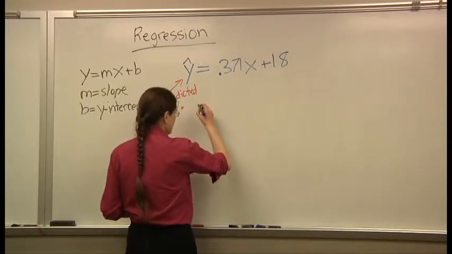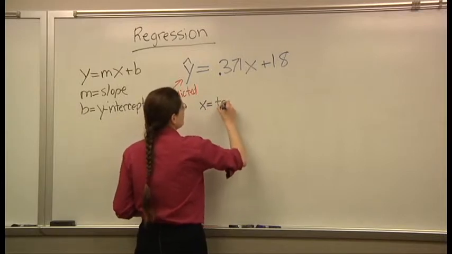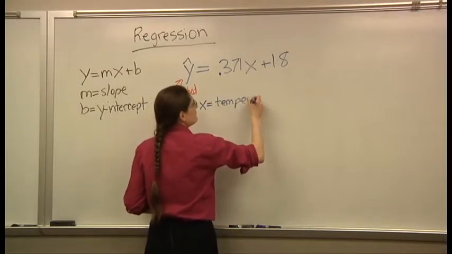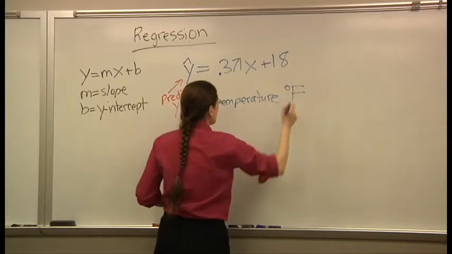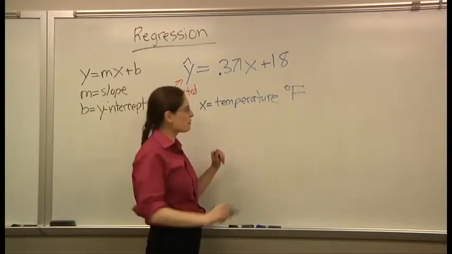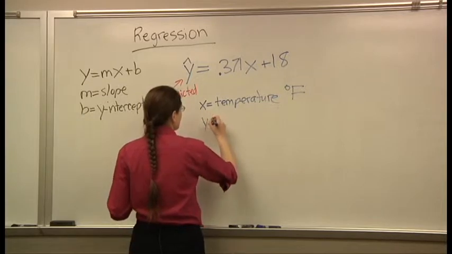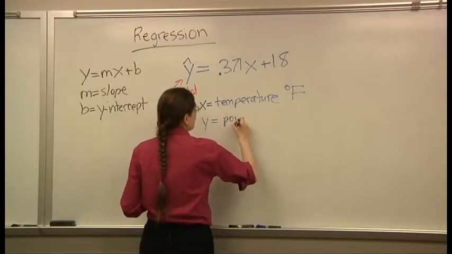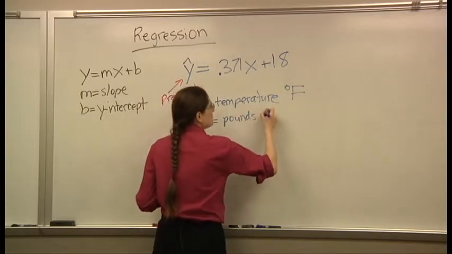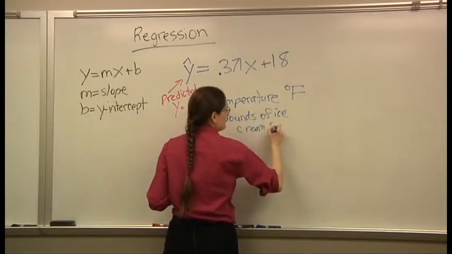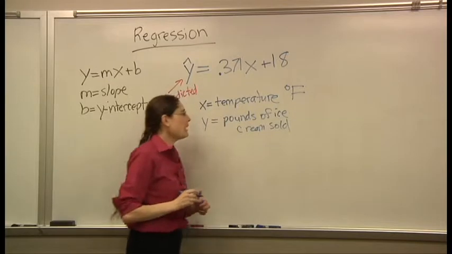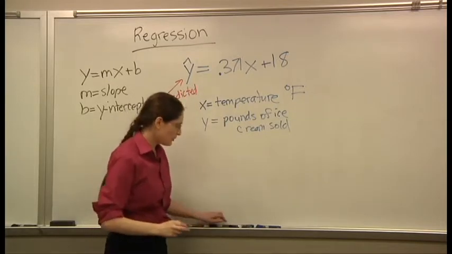So, X is the temperature in degrees Fahrenheit. Y is pounds of ice cream sold.